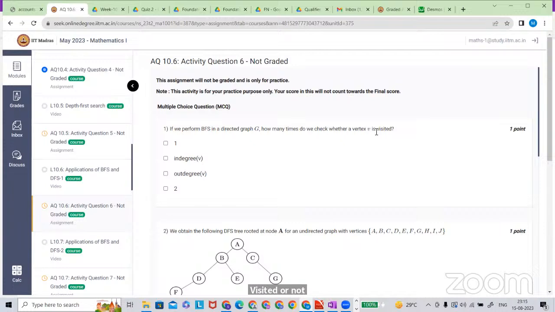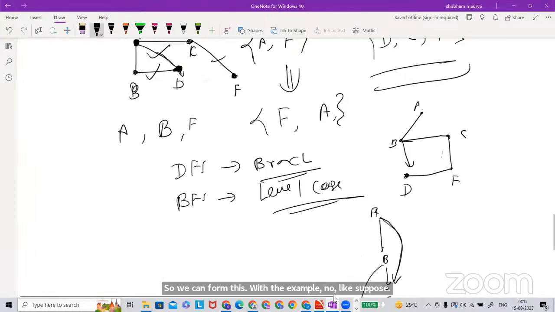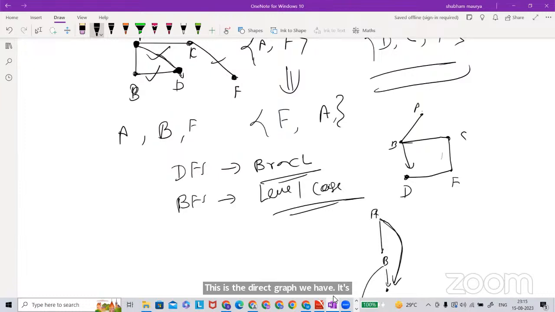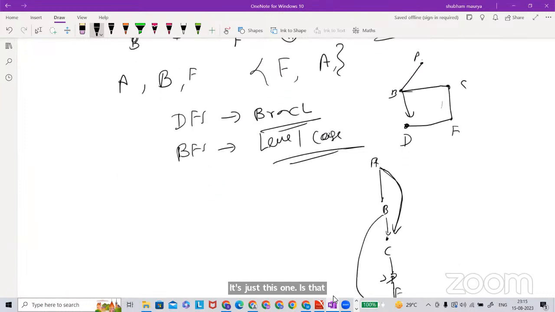Is it 1, or equal to the in-degree of V, the out-degree of V, or 2? So we can work this out with an example, no? Suppose this is the directed graph we have. Let's say this one, the same.